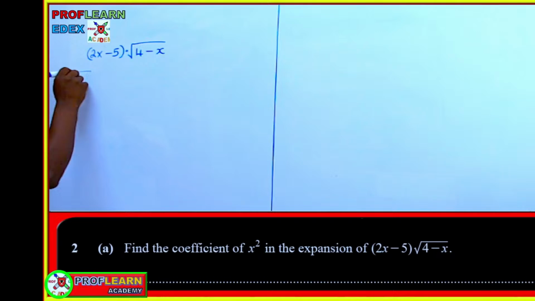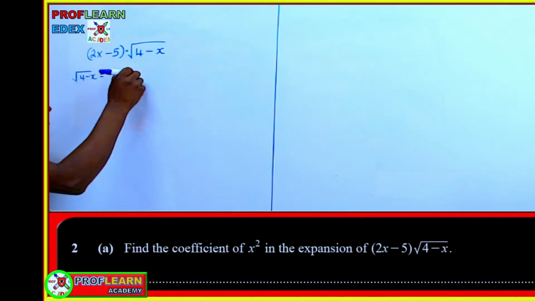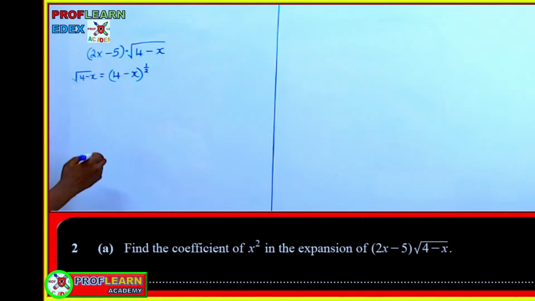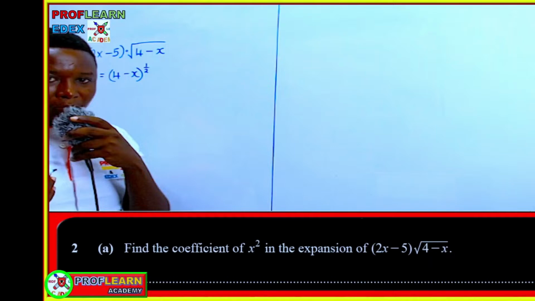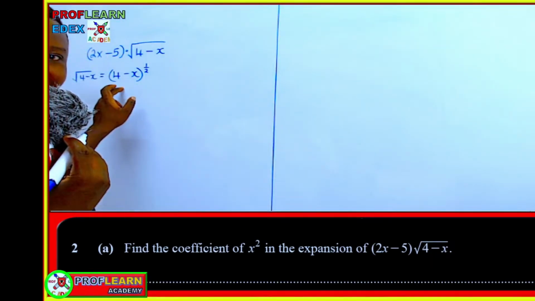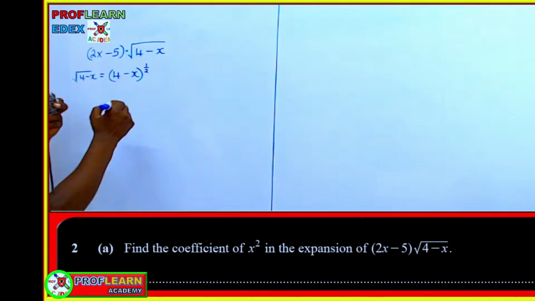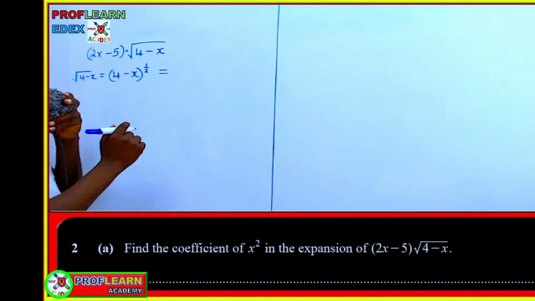So first, root 4 minus x can be written as 4 minus x raised to power a half, right? But for us to be able to use the binomial theorem, we need the first term here to be 1. So we can write this further.